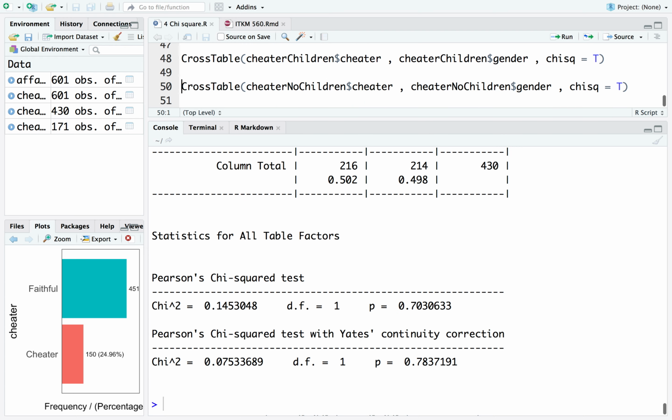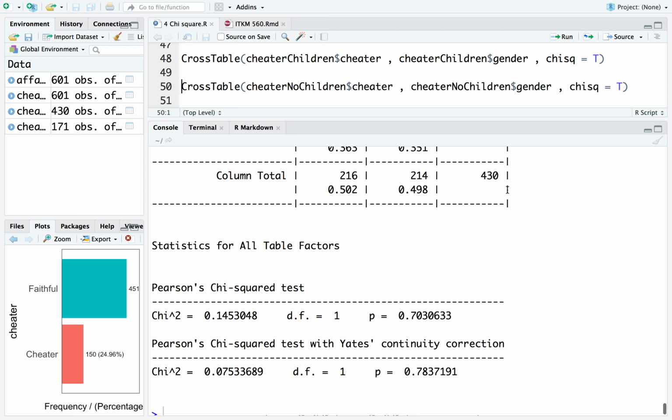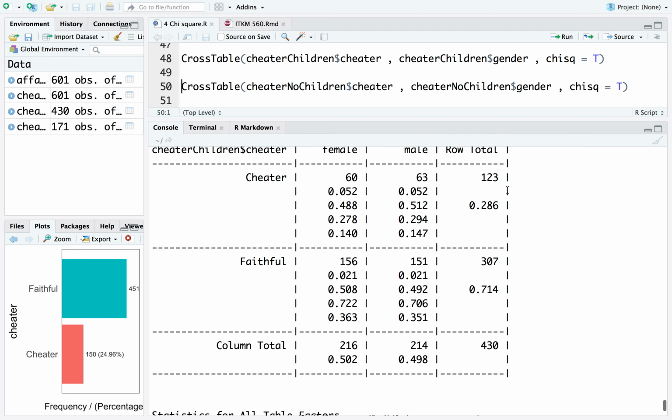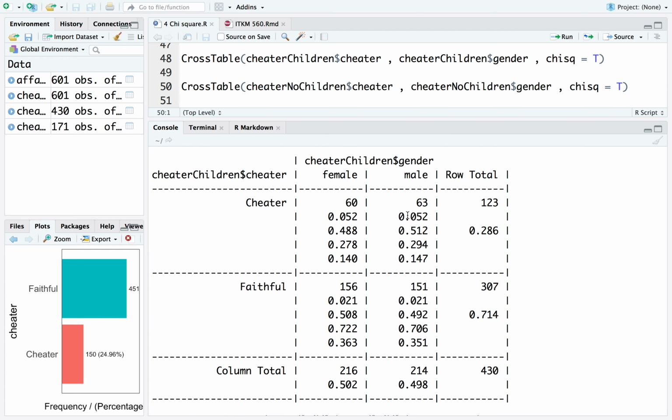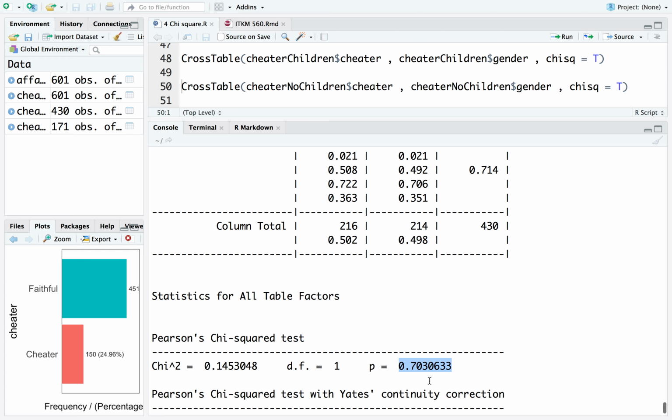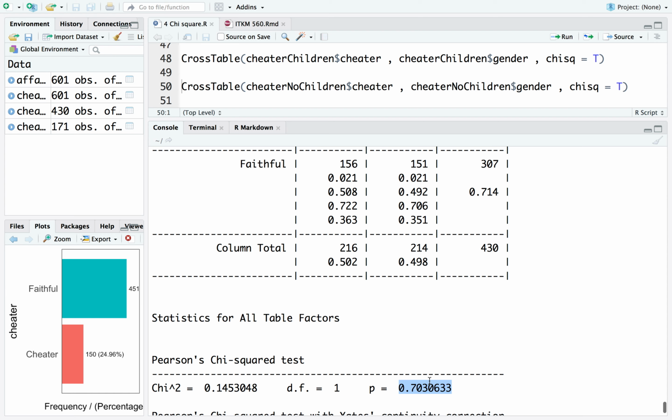So this is having children. We know that if you have children, you're more likely to cheat. Yet, what about the gender difference for people with children? The p-value came out to 0.7. It's either above or below your alpha, however this is a big p-value, much bigger than when we ran just gender by itself. So it seems like men and women, when they have children, there's no difference.